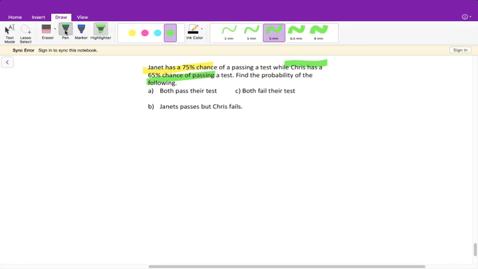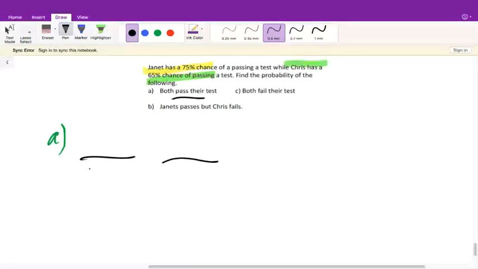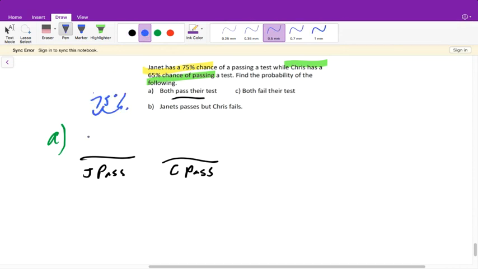So remember, for A, first identify how many events we have. Well, we're talking about they're both passing their test. So we have 2 events because they're both taking a test. So we want Janet to pass and we want Chris to pass. Well, I told you Janet passes 75% of the time. So here, 75%, we know we can rewrite as 0.75.